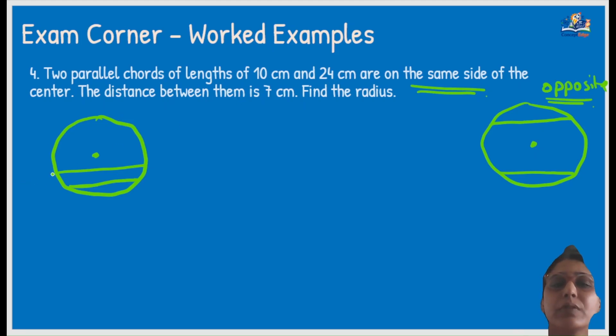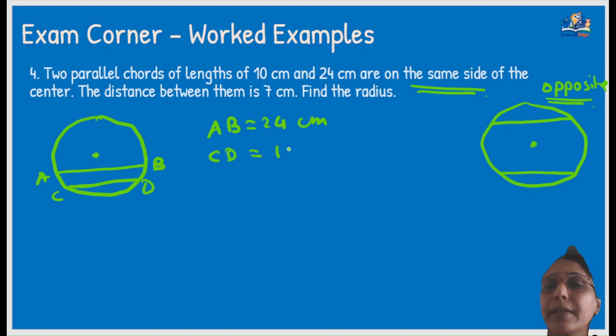So here 24 centimeters. So I can say that AB equals 24 centimeters. And CD, let's say this is CD, has a 10 centimeter length. This is my center O. If I draw the perpendiculars, I can make M and N over here. And I can join the radius.